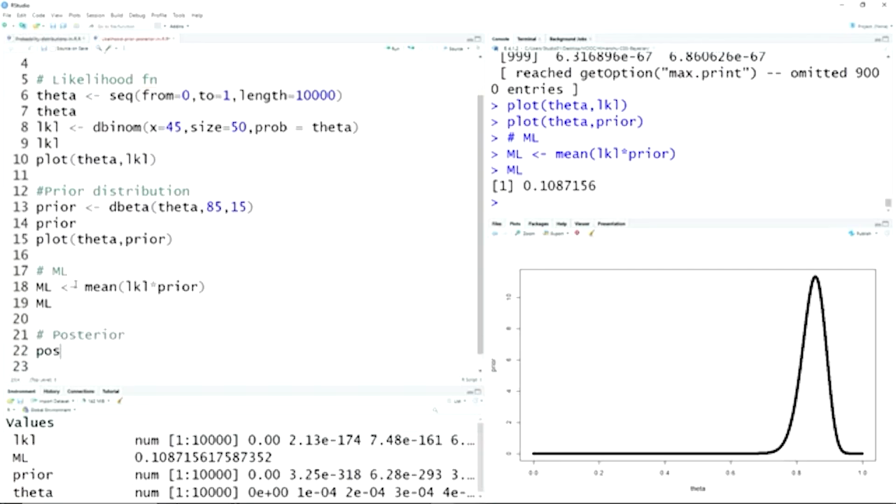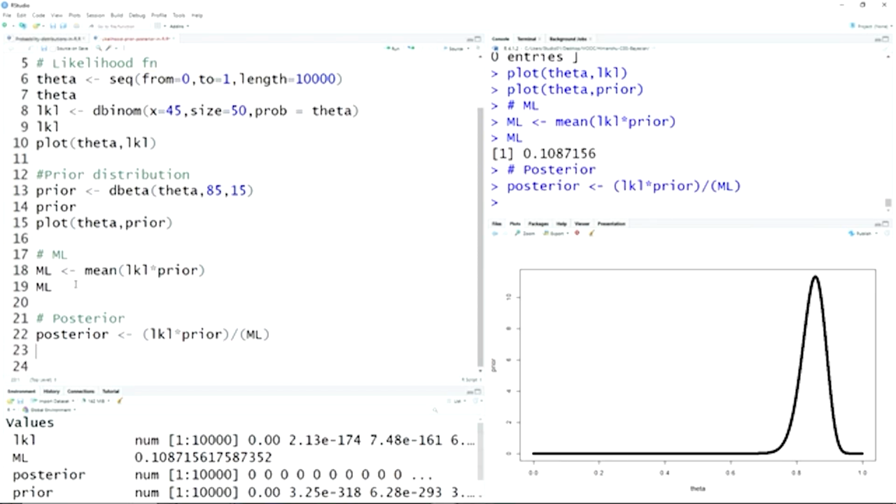So the posterior would be likelihood times prior, because likelihood is now a vector of likelihood for each value of theta corresponding to the vector of theta, and same is prior, divided by the marginal likelihood. Okay, so this should give us a vector containing posterior densities corresponding to the same vector of theta.